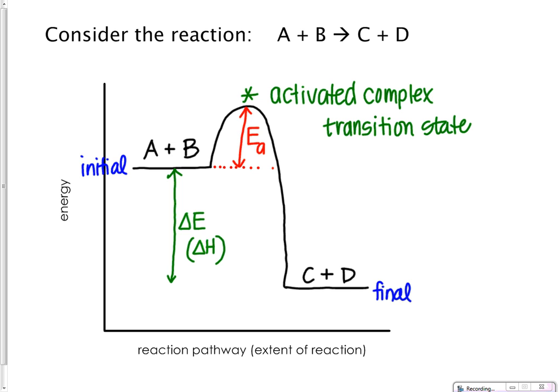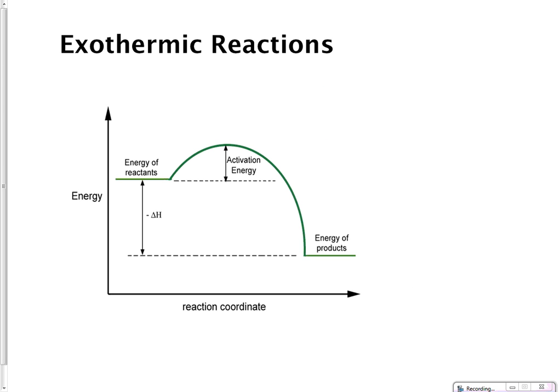So on the pages in your note packet, you'll see this diagram. If you have reactants starting at a higher energy and products ending at a lower energy, that implies that it's exothermic. The E sub A is always measured from the reactants to the tip of the curve. So from here to here. This height difference is the activation energy.